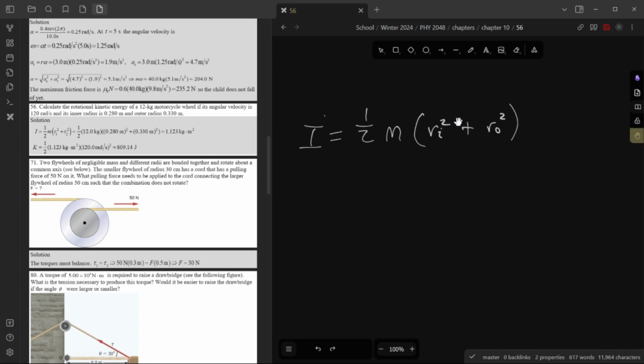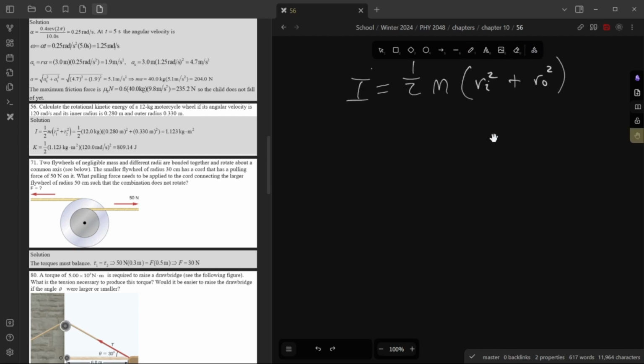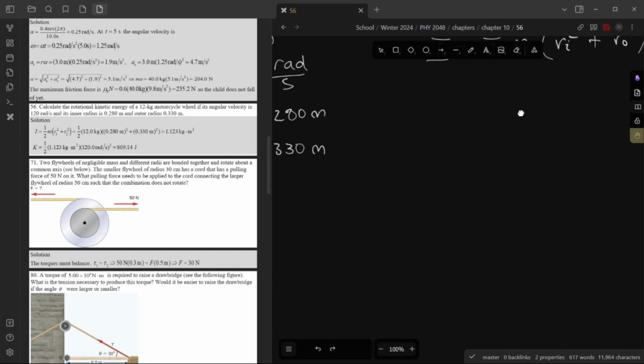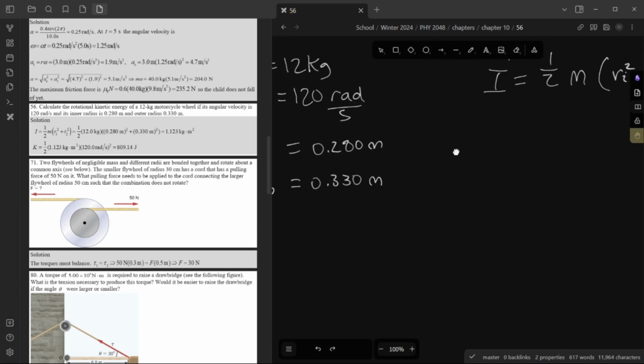And remember when he was talking about it, he was saying how if the inner radius gets smaller and smaller, it approaches 0, and then this equation becomes 1/2 M R squared, which is what you see for a cylinder. And that's basically what a disk is, a cylinder. So just elaborating on that a bit. And that's a way to remember the moment of inertia of a ring.